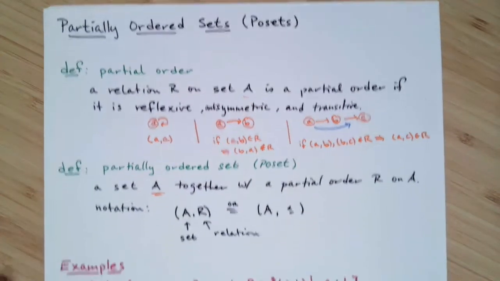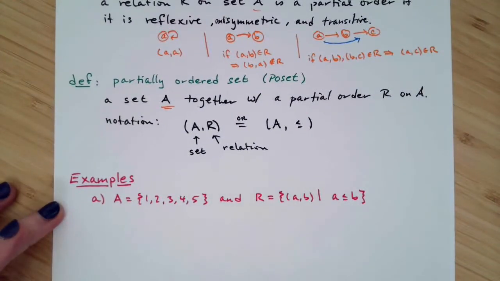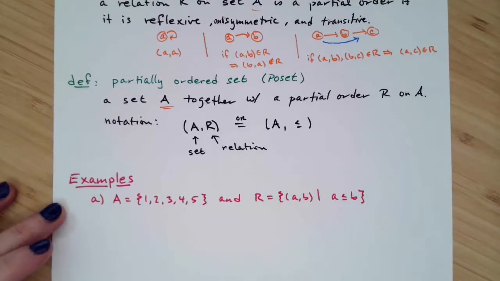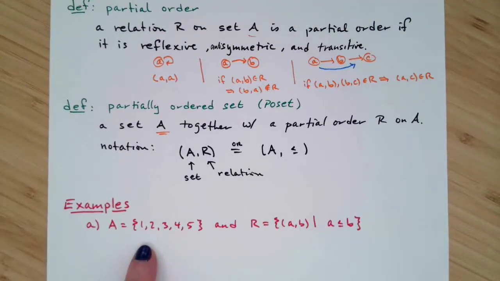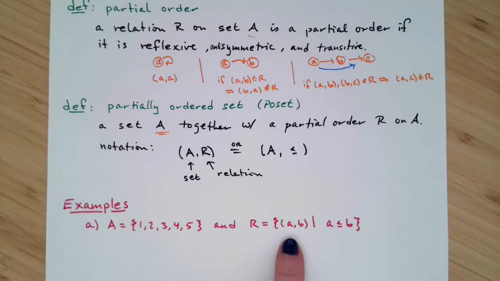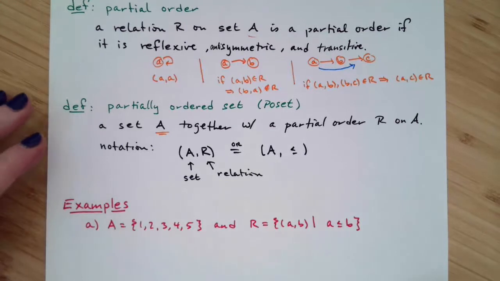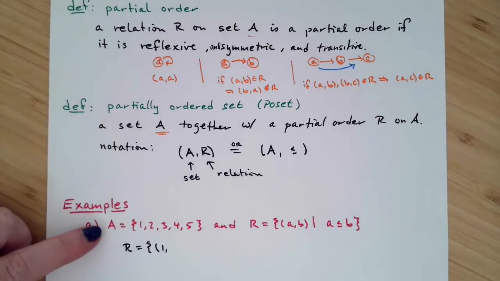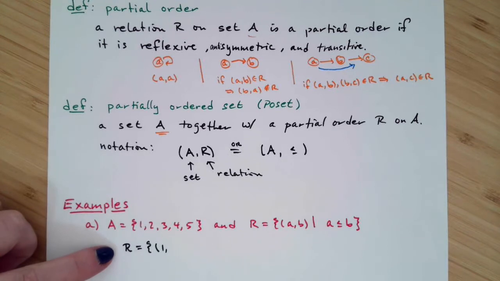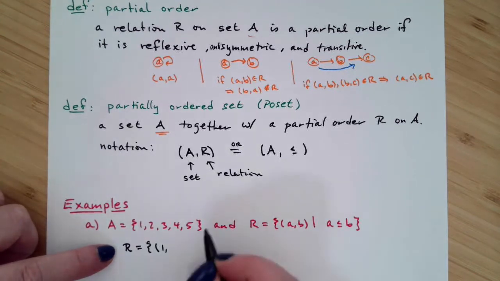So let us look at a potential example here. This example has a building set of the integers 1 through 5, and the relation says element A is related to element B exactly when A is less than or equal to B. So let's go ahead and actually write out this relation, and then we'll be able to tell if our original set 1 through 5 is a poset with respect to this particular relation.